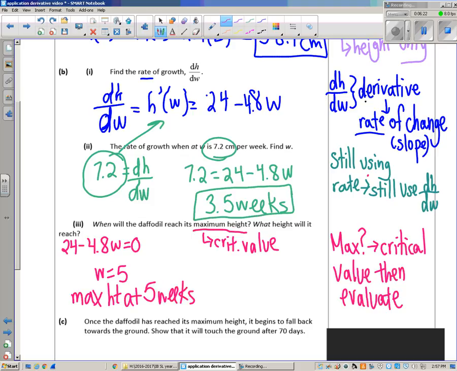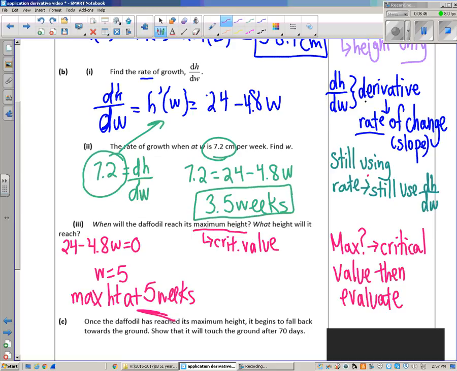There is a follow-up to this question though, and they're asking what will the height be when it's at its maximum. So now that I know it's going to take 5 weeks to reach my maximum point, now I want to figure out what the value is, and in a case like that, if I want to evaluate what I got from the derivative and get the output for my rate using the derivative function, I'm going to plug back into the original now.